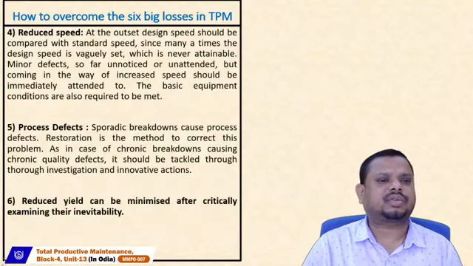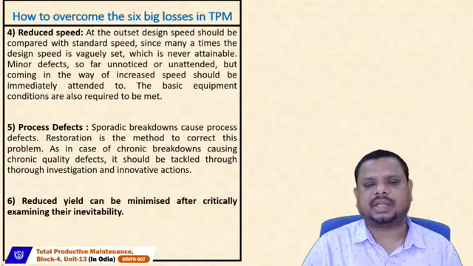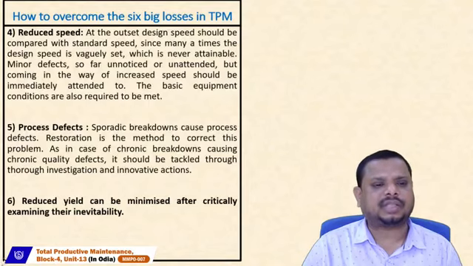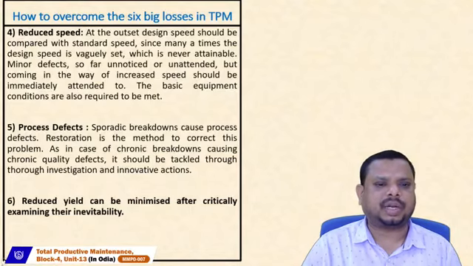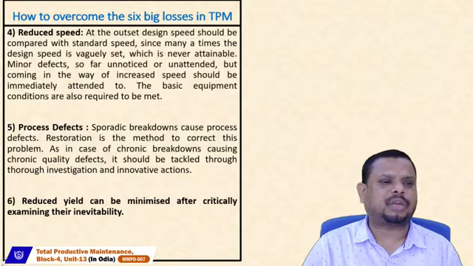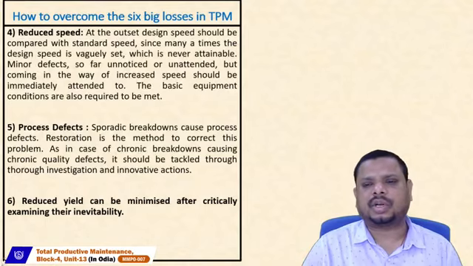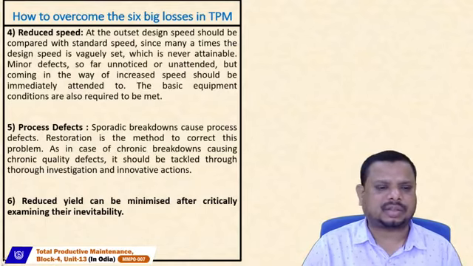The next one is reduced speeds. At the outset, design speed should be compared with the standard speeds, since many times the speed is vaguely set, which is never attainable, and minor defects so far unnoticed and unattended, but coming in the way of increased speed, should be immediately attended to. So the basic equipment conditions are required to be met. Whenever you go for reduced speed, the first important part is to focus upon the design speeds set by the manufacturers.